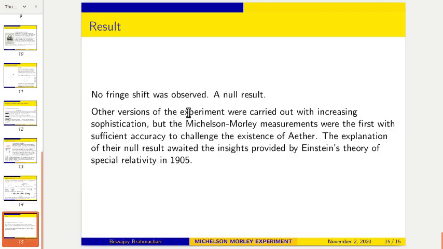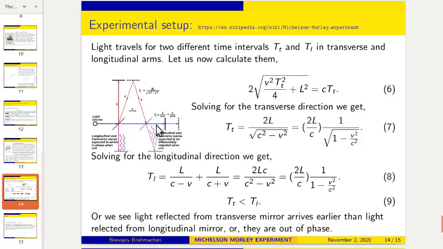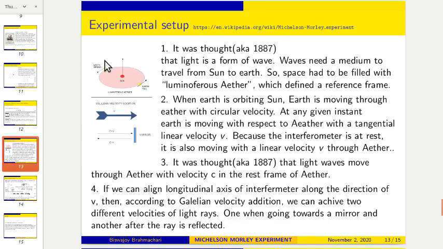But the Michelson-Morley experiment did not find any fringe shift. So they moved the arms of this interferometer in all possible angles, and they repeated the experiment after 6 months in spring. Then also they did not get any fringe shift.